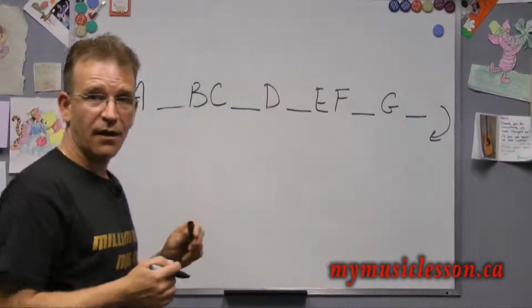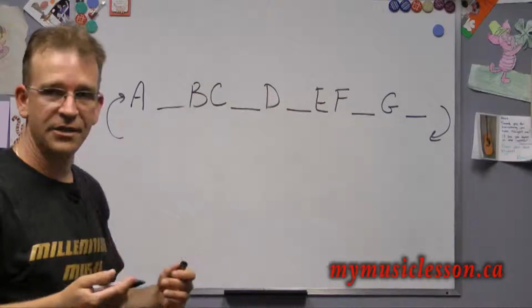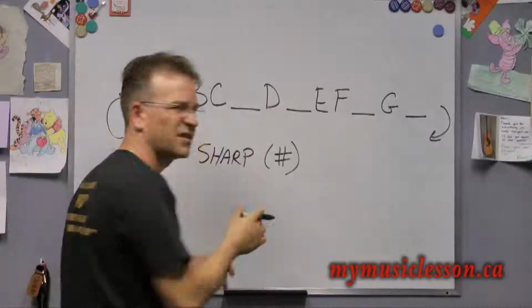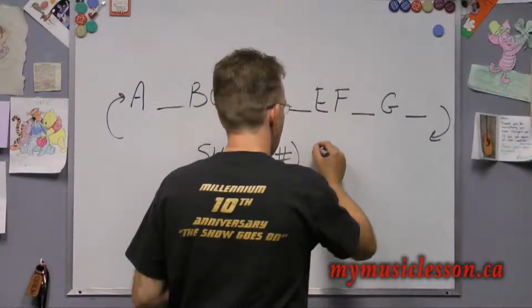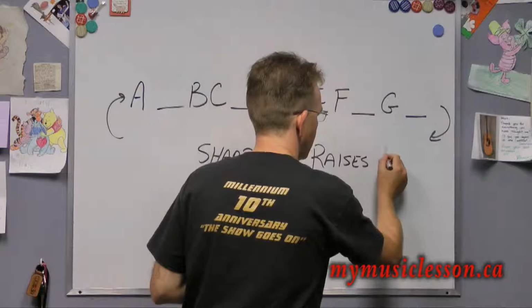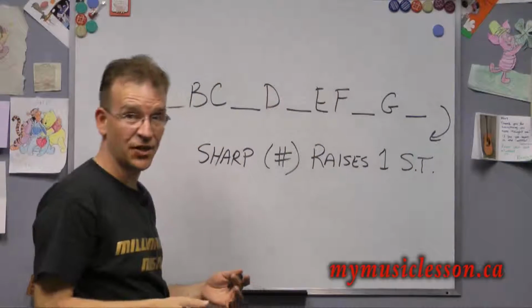These in-between spots are sort of like the black keys on a piano. They borrow their names from the notes beside them. We have what we call a sharp. It looks like the pound sign on your telephone or the number sign on the computer, and it raises one semitone.